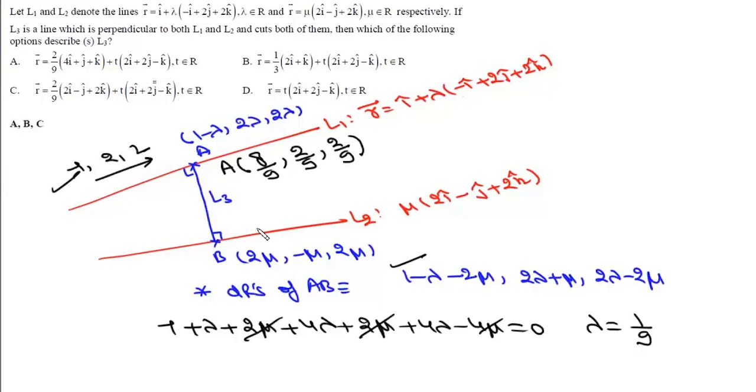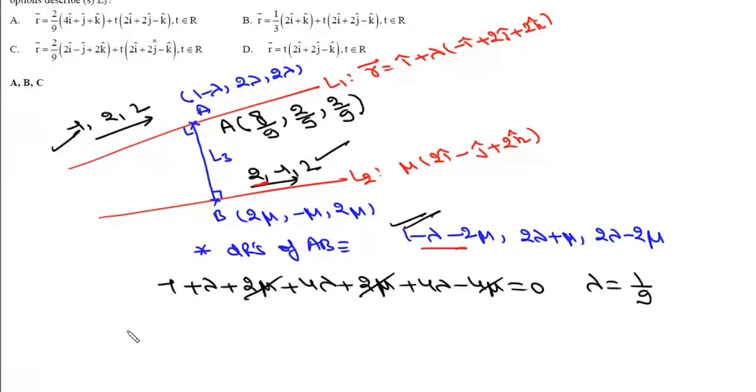Now this AB is also perpendicular to this second line whose direction ratios are 2, minus 1 and 2. So again this dot product should be 0. So again we can write it: 2 into 1 minus lambda minus 2 mu, minus 1 into 2 lambda plus mu, plus 2 into 2 lambda minus 2 mu must be 0.